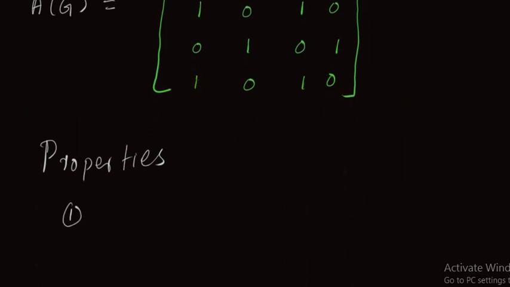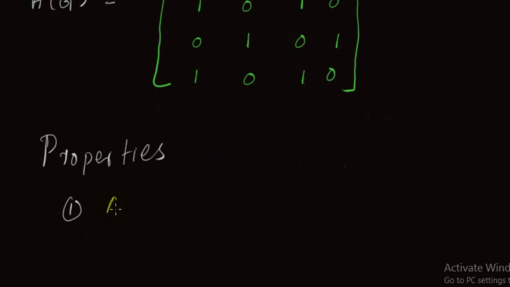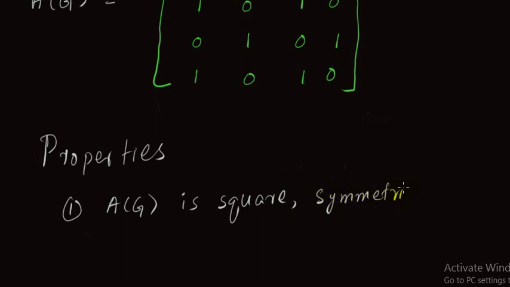So the adjacency matrix of a graph is a square matrix, and secondly it is a symmetric matrix.